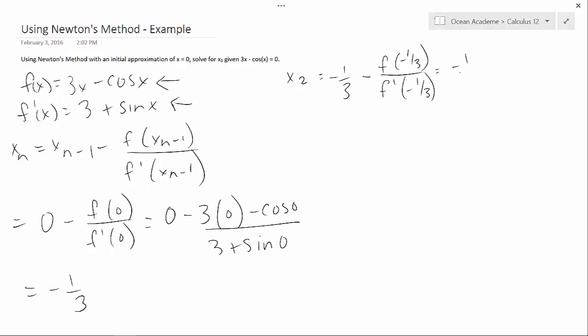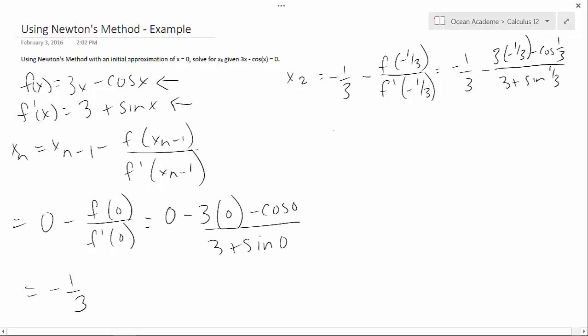So this is negative 1/3 minus, and on top we've got 3 times negative 1/3 minus cos 1/3, over 3 plus sine 1/3. Putting that into our calculator, we get a value of negative 0.39435. And that becomes the value that we use here.